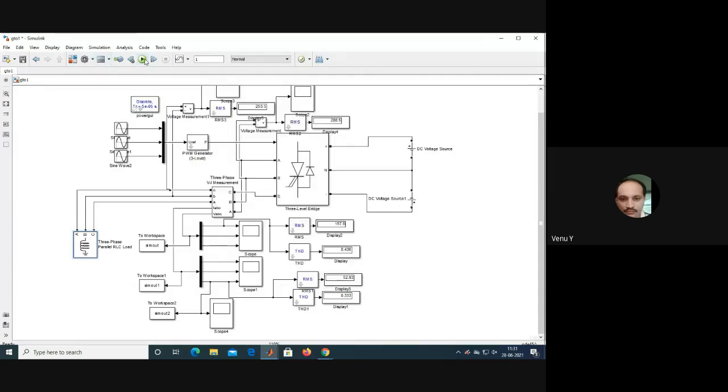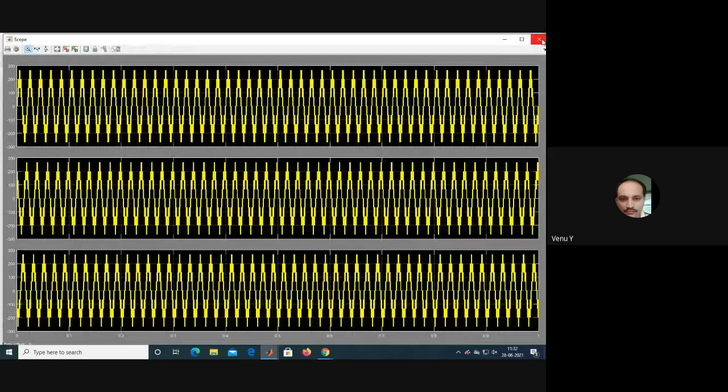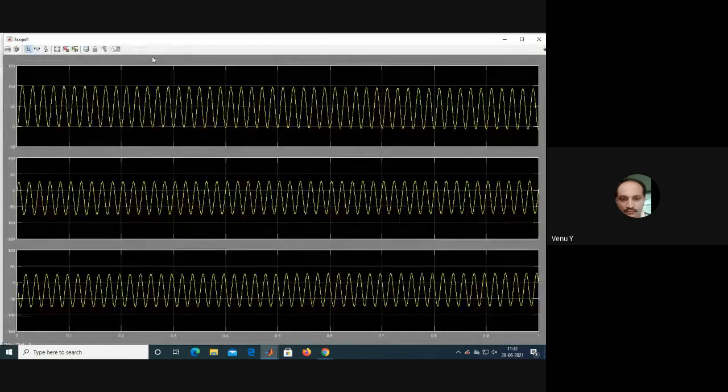Apply and let us simulate. This is the voltage waveform, current waveform.